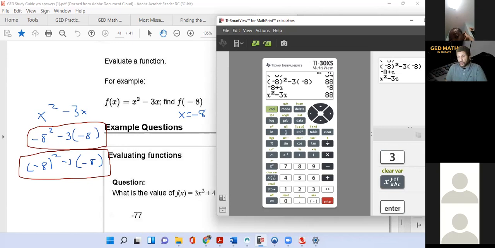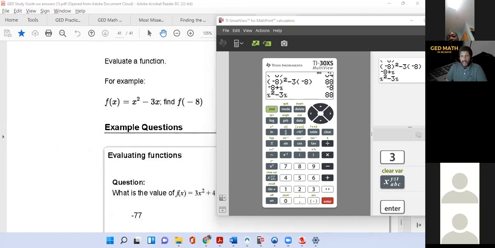That's one of the skills. If you look on my YouTube channel, evaluating algebraic expressions and functions is probably 3 to 4 questions and is very important. You cannot miss those problems. So make sure you understand how to evaluate a function.